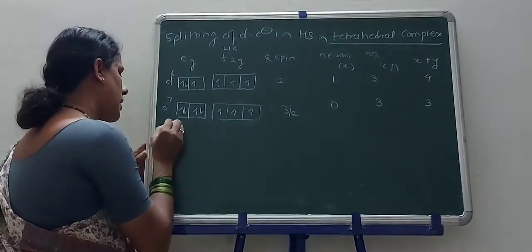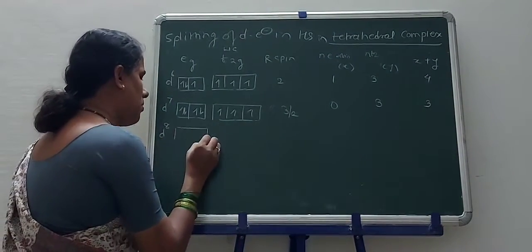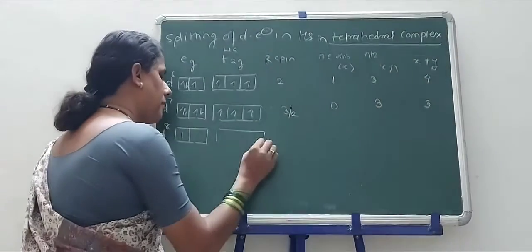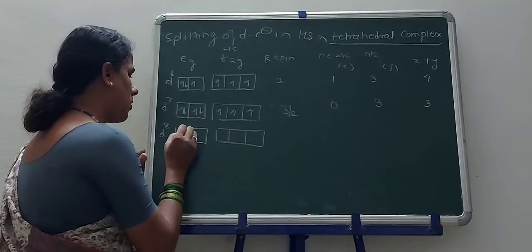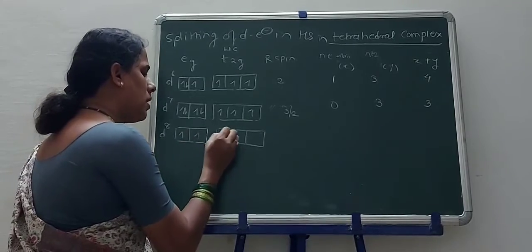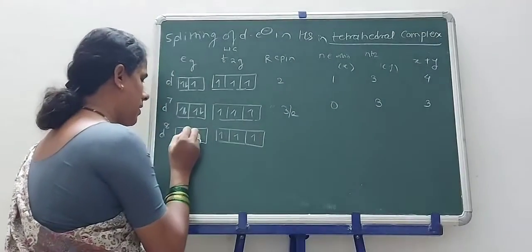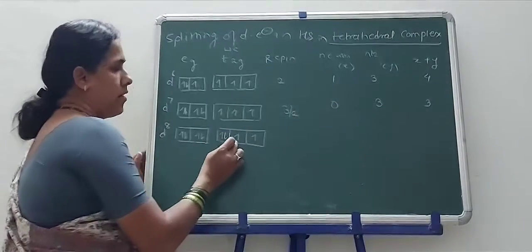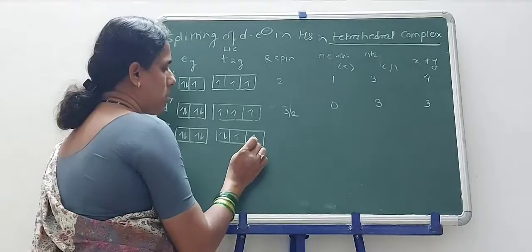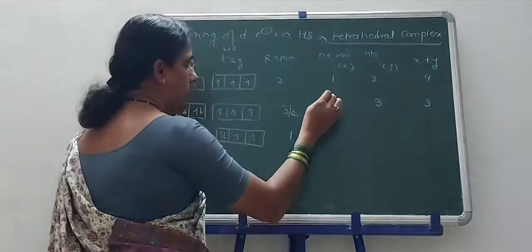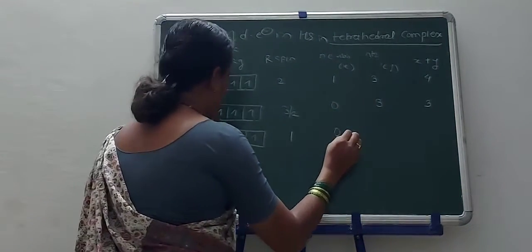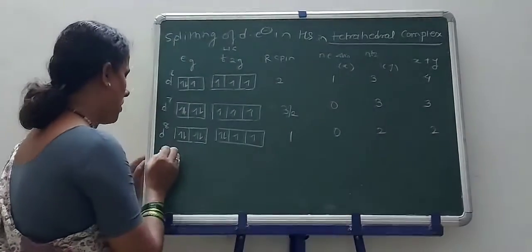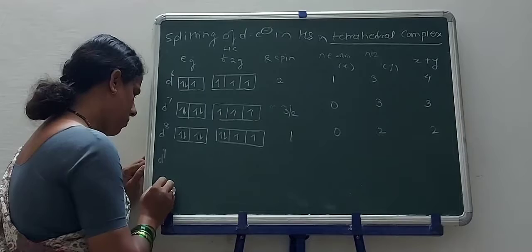For d8, here also the distribution of 8 electrons is 1, 2, 3, 4, 5, 6, 7 and here 8. Therefore the net resultant spin is equal to 1, and the number of unpaired electrons is 2.